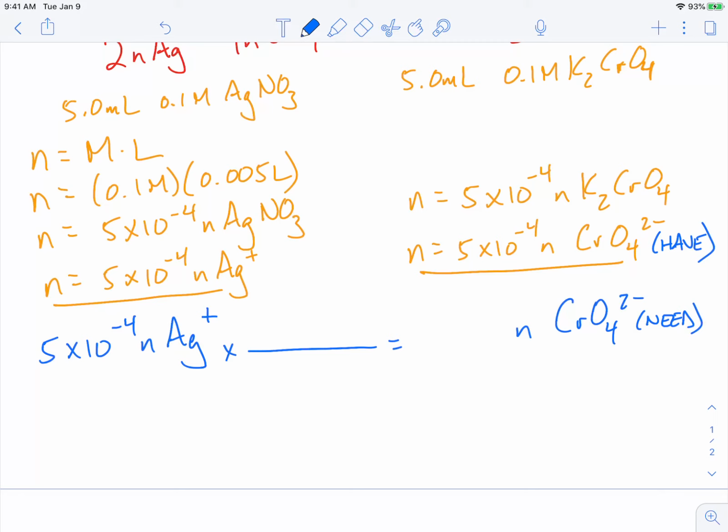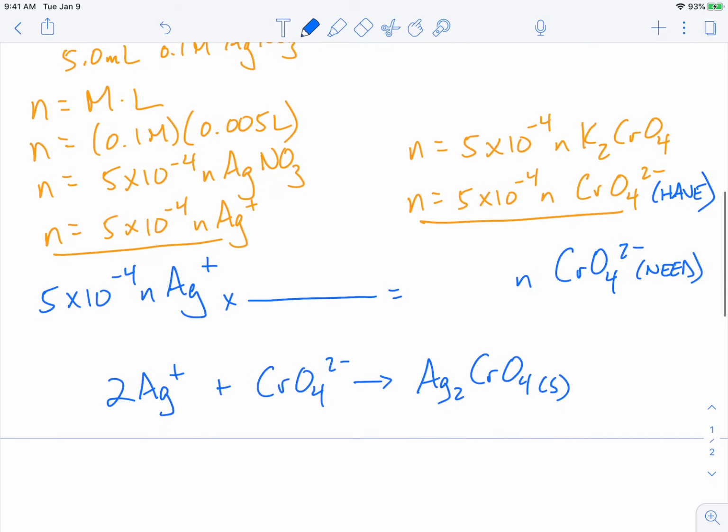Now, just as a reminder, our net ionic equation looked like this: 2Ag+ plus CrO4 2- is going to produce Ag2CrO4 solid. So this tells us the mole ratio of silver ions to chromate ions, and that's what we're going to use to calculate this. So on the bottom, we need to have moles of silver ions from our equation. There are 2 moles of silver ions in our equation for every 1 mole of the chromate ion.